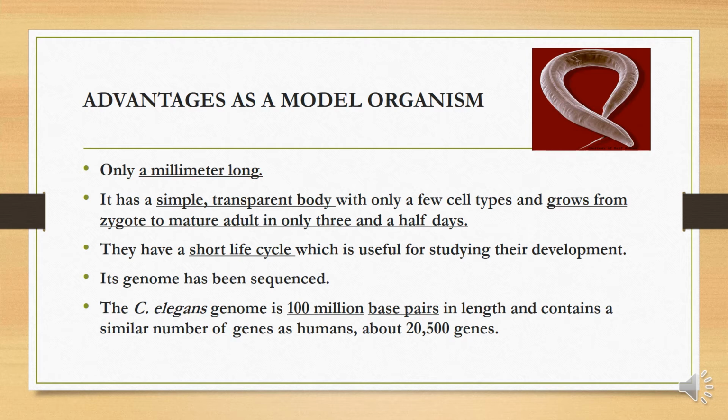Then it also has a short life cycle which is very useful for studying its development. Its genome has been sequenced. The C. elegans genome is 100 million base pairs in length and contains a similar number of genes as humans, about 20,500 genes.